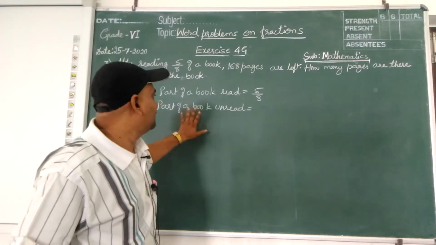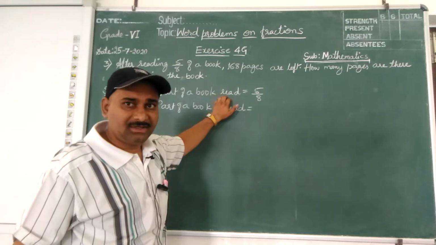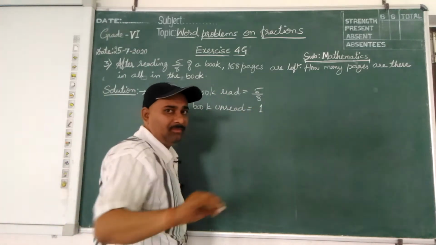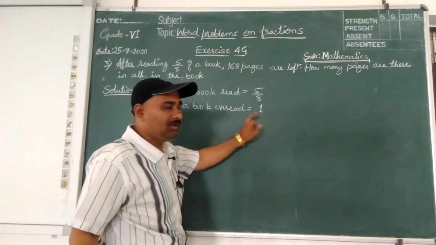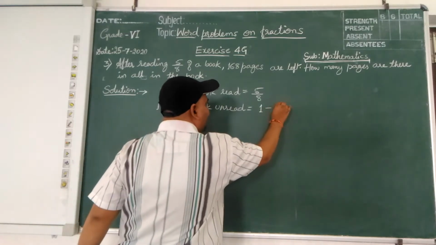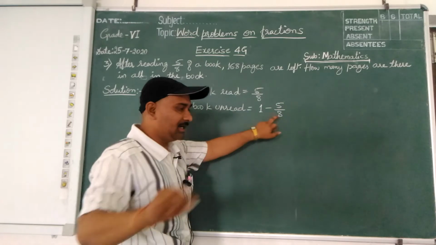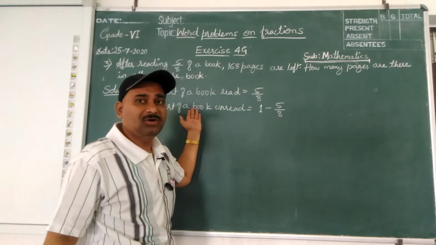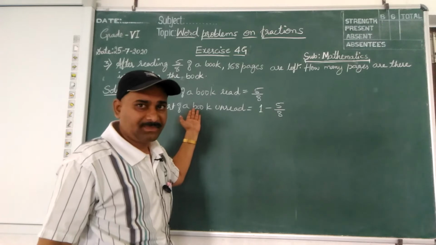Always see children, if read is given and we want to find unread, in the whole one book, 5 by 8 parts are read. So if we subtract, we'll get the part which is not read.